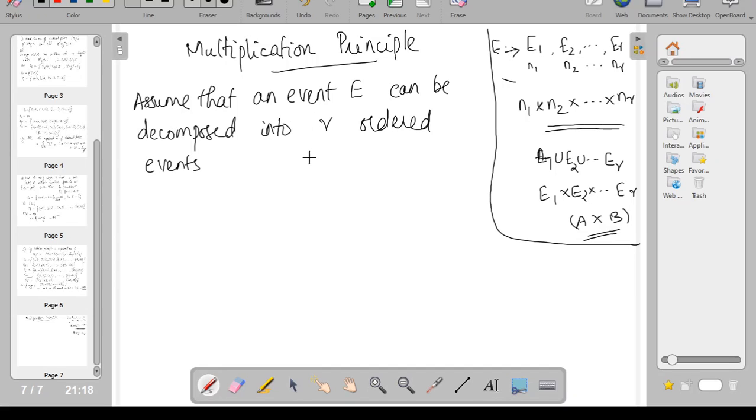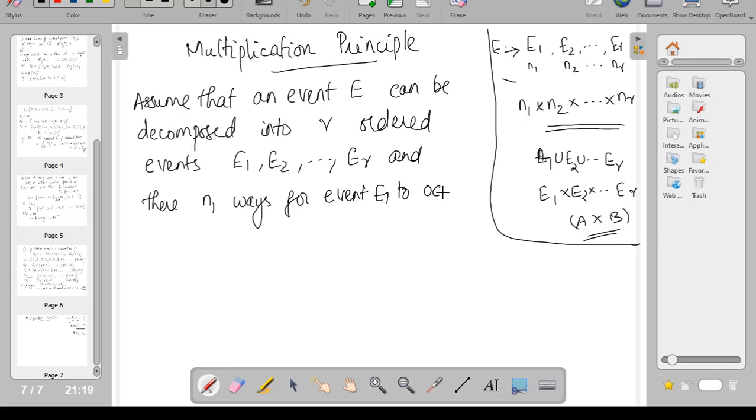So you have R ordered events E1, E2, etc., ER, and there are N1 ways for event E1 to occur, then N2 ways for event E2 to occur, etc., NR ways for event ER to occur.